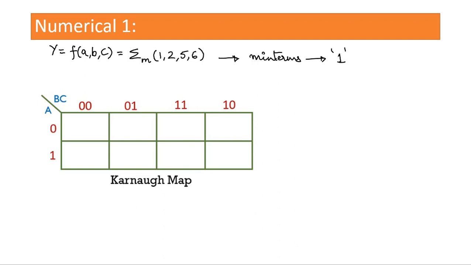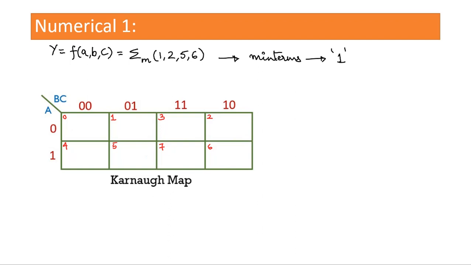So first let me mark the decimal notations corresponding to this particular Karnaugh map. 000 corresponds to decimal value 0, 001 corresponds to decimal value 1, 010 decimal value 2, this corresponds to decimal value 3, 4, 5, 6 and 7.